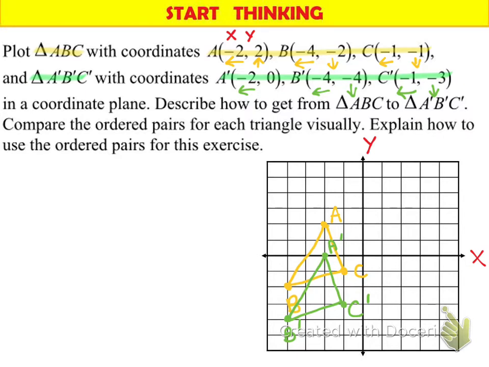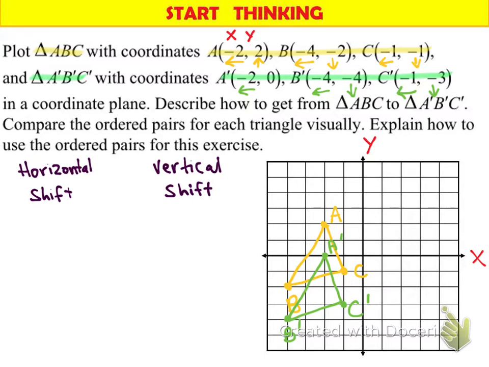So we're going to describe two things that happened. We're going to describe the horizontal shift, which should be a word you remember from Algebra 1. And then there's going to be a vertical shift. So we're going to talk about both.